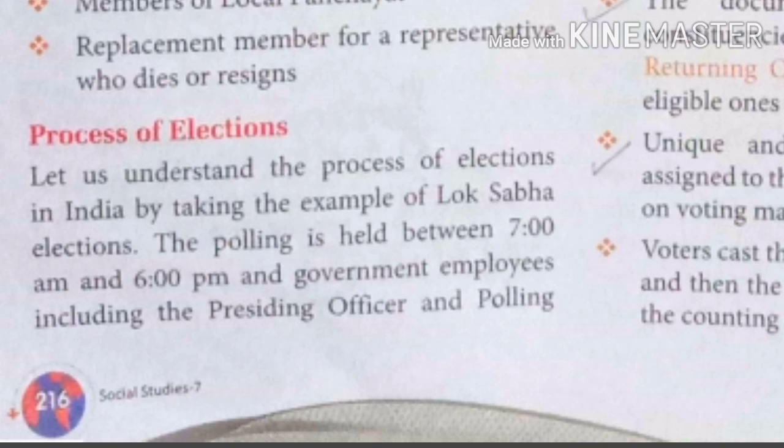Let us understand the process of election in India by taking one example of Lok Sabha elections. The polling is held between 7 AM and 6 PM. Government employees, including the presiding officer, are made in charge. The presiding officer and polling officers are assigned as in charge to conduct elections at various voting sites.